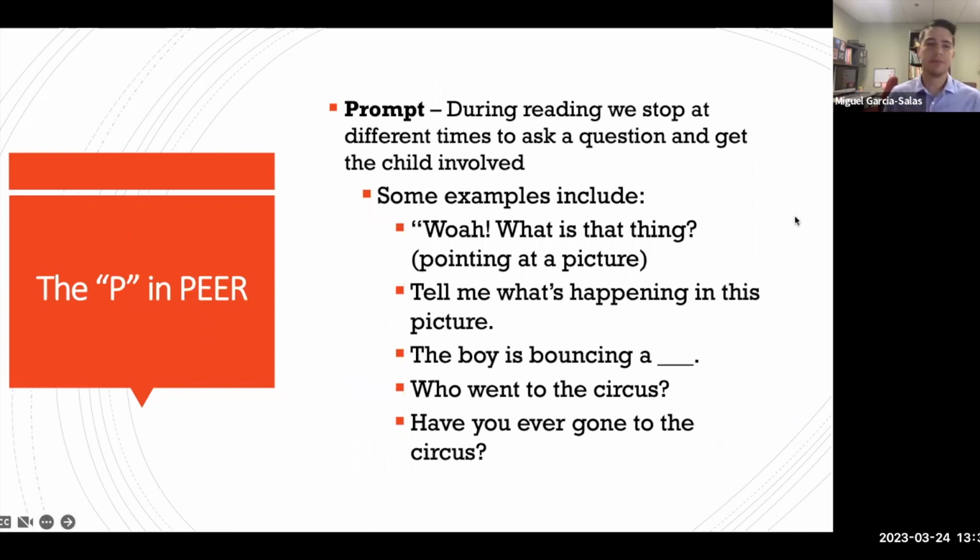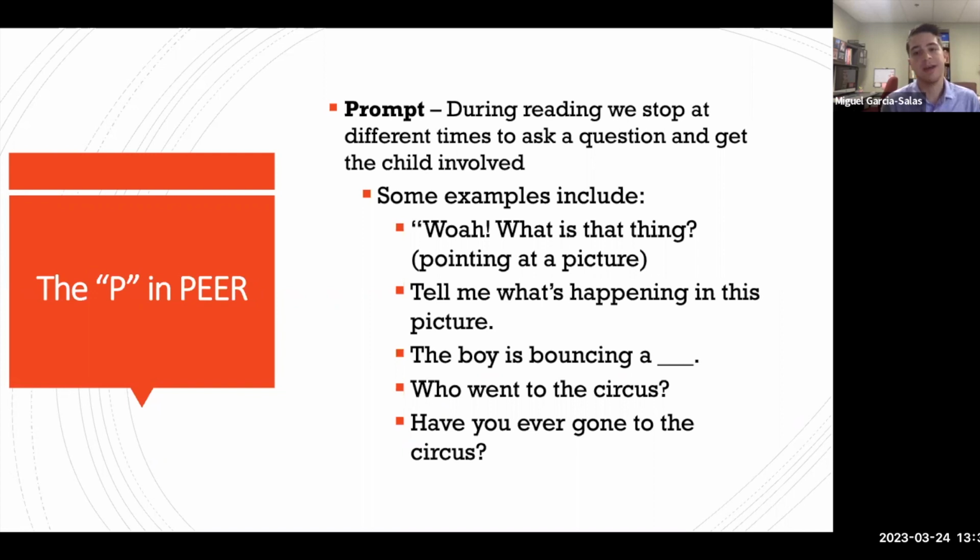Okay, so now we're going to break down each step individually so that we get a more clear understanding of what's going on in each one of these steps. So for prompt, like we said, during reading, we're going to stop at different times throughout the story, throughout our time together, and get the child involved. Again, we'll talk about specific prompts; that'll be the focus of modules 3 and 4. For now, some examples include: you could stop and say, well, what is that thing you're pointing to in the picture?